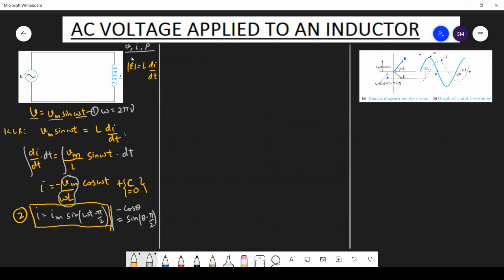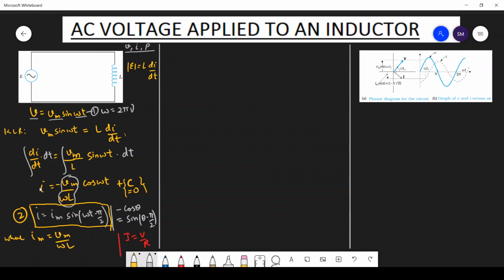Now Vm upon omega L is Im, where Im is equal to Vm upon omega L. If I compare this with I equals V by R, this omega L is analogous to resistance in the resistor.